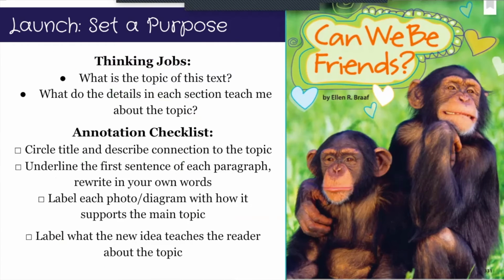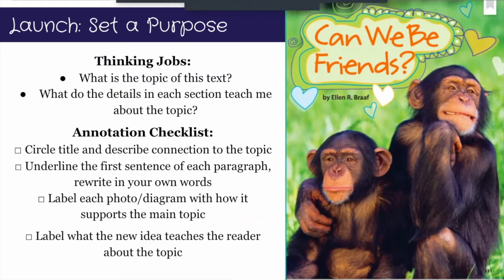So our thinking jobs today as we get started: we're actively thinking about what is the topic of this text and what the details in each section teach me about the topic. We'll go through our annotation checklist for today as we're reading. Remember, we're going to circle the title and describe the connection to the topic.